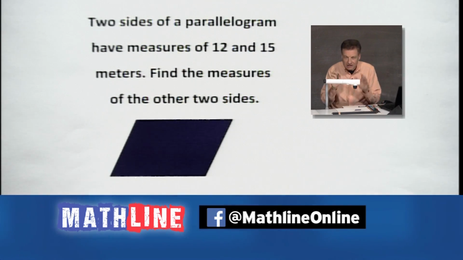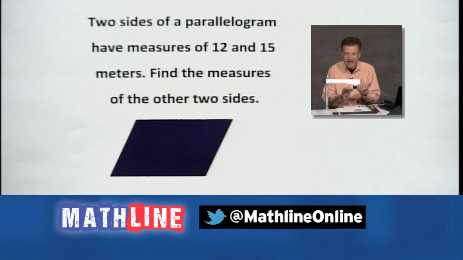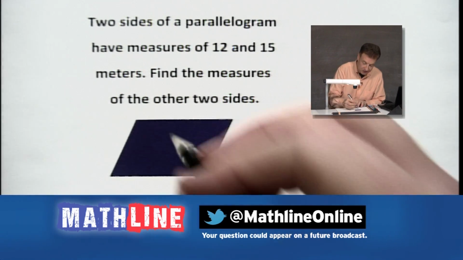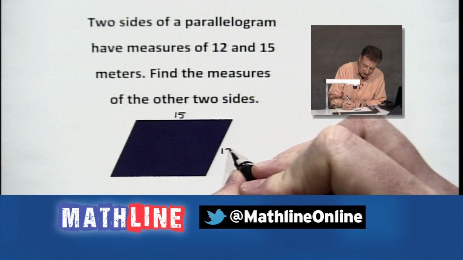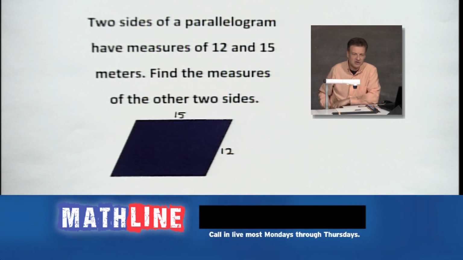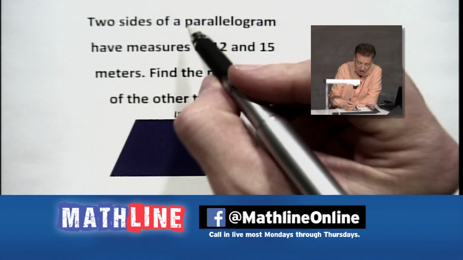All right, now, let's go back and think a minute. Surely these can't be the opposite sides because remember, 12 and 15, you're asking, well, Ernie, how do we know which one's which? Well, I'm going to use my eyesight a little bit here, and I'm going to say this one, I'm going to put 15 because it looks a little bit longer than this side over here, which we're going to call 12. Not much difference, and that's kind of true. Now, what happens, though, is we do know if it's a parallelogram, that's what we're saying.